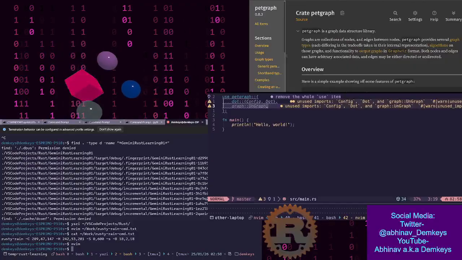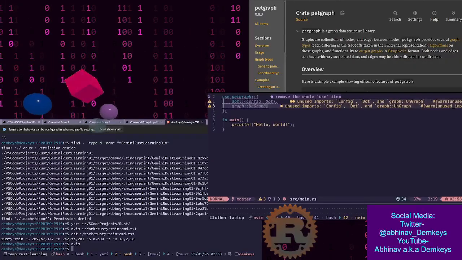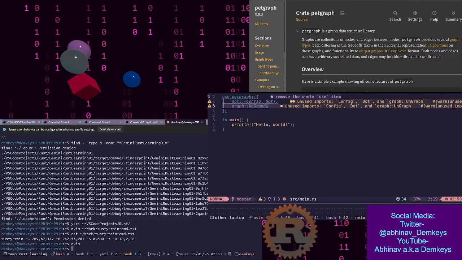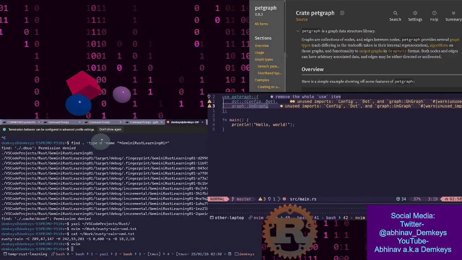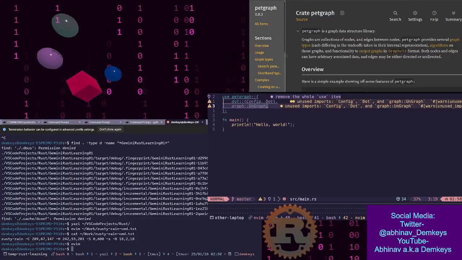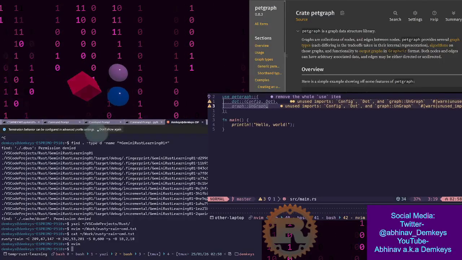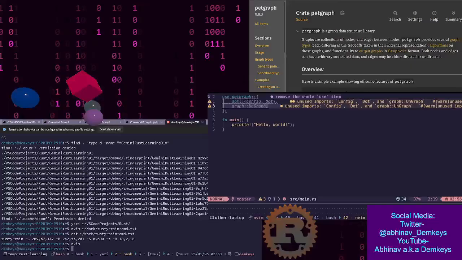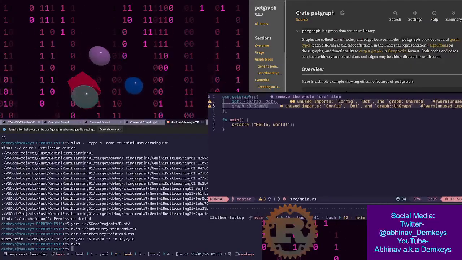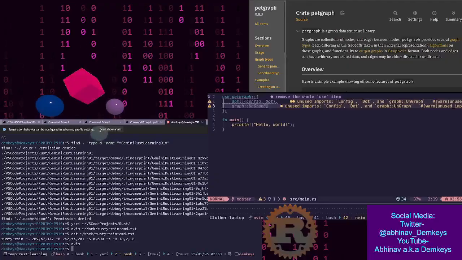Once I go deeper into petgraph, I don't think I'm going to be going deeper into the dot syntax because I won't have very many reasons to do that.